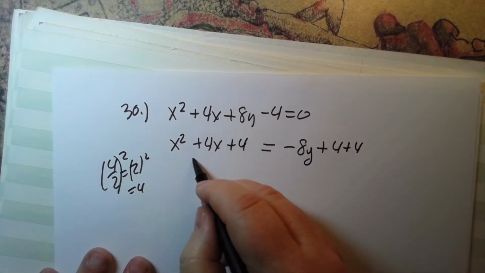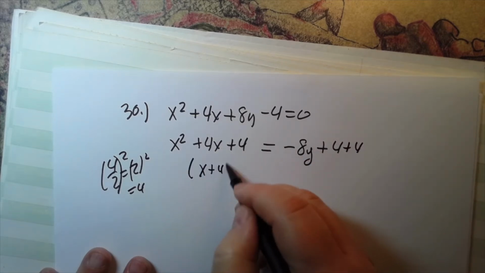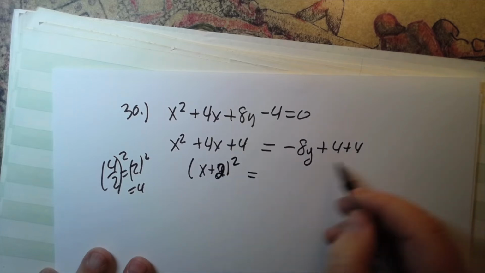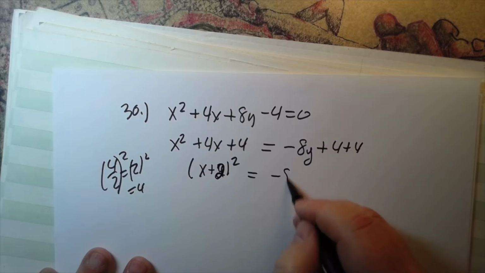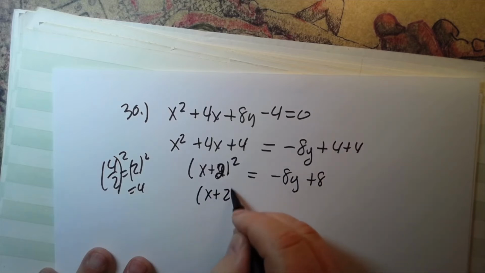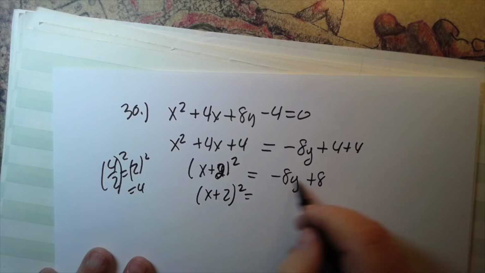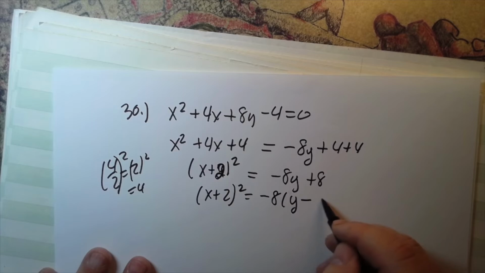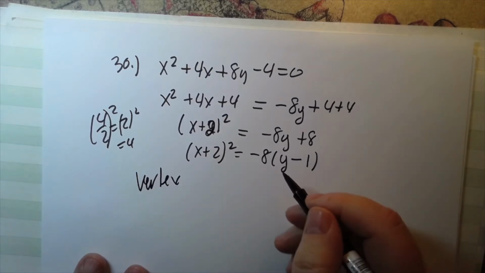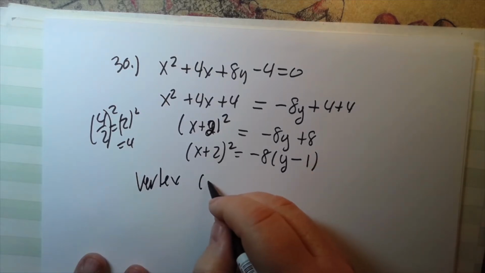So over here, I get the x plus 2 squared. Over here, I'm going to get minus y plus 8. So I'm going to just rewrite this neater. And this one, I'm going to factor out a -8. I'm going to get y minus 1. So now I know my vertex is -2, 1.